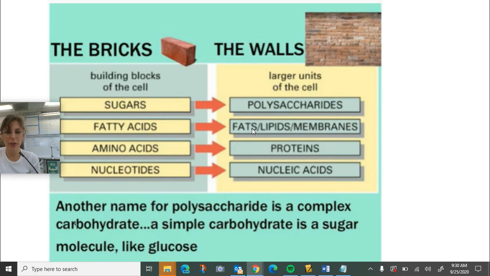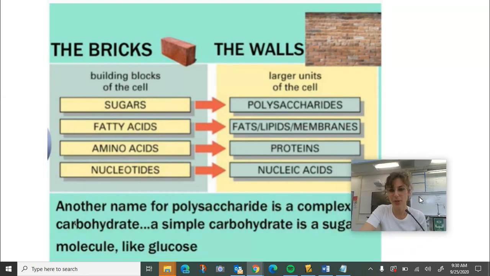To build our macromolecule, which is fats, our brick is fatty acids. To build our polymer of a protein, our bricks or monomers are amino acids. And then to build nucleic acids like DNA and RNA, our bricks or monomers are nucleotides.